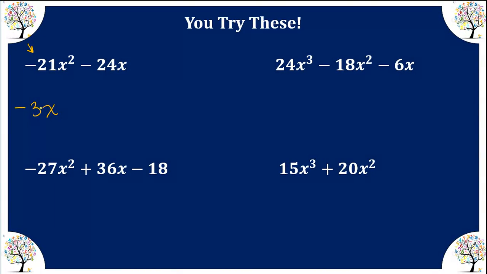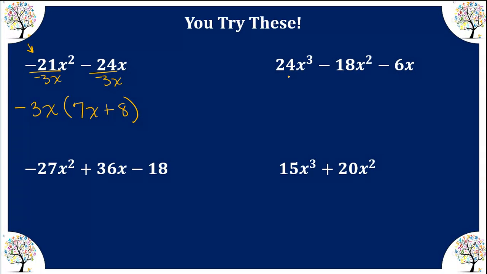So negative 3x is the GCF. It is one of the factors. The other factor is going to be a positive 7x plus 8. Again, we could distribute negative 3x to each of these terms and know that we have the right answer because it gives us our original polynomial.